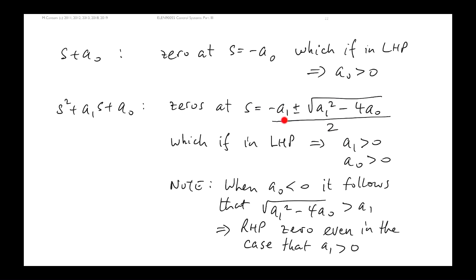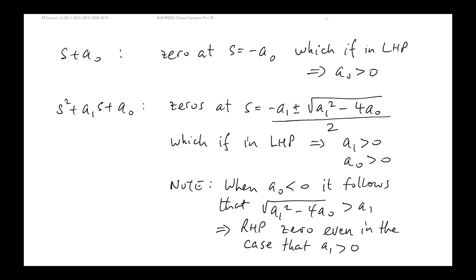So one at minus a1 minus the square root of a1 squared minus 4a0, divided by 2, and the other one will be at minus a1 plus the square root of a1 squared minus 4a0, divided by 2. And so if we know that these are in the left half plane, then it must be the case that A1 is positive and A0 is positive.